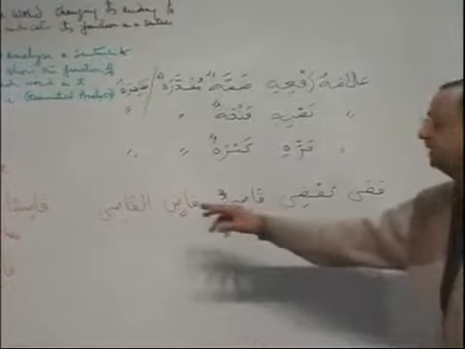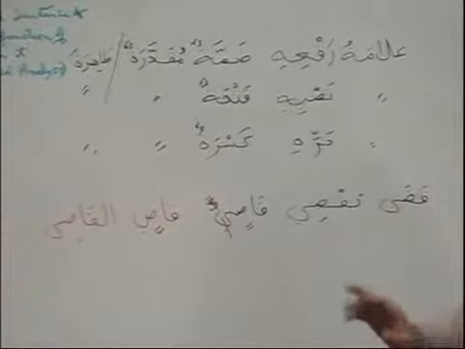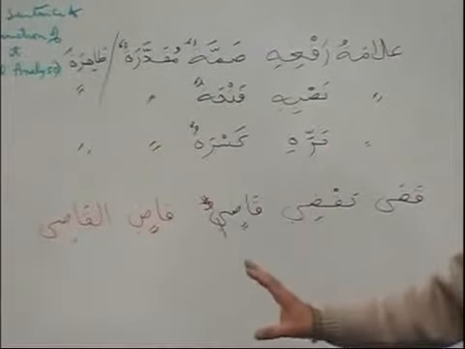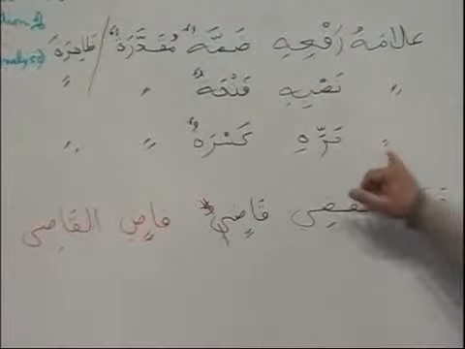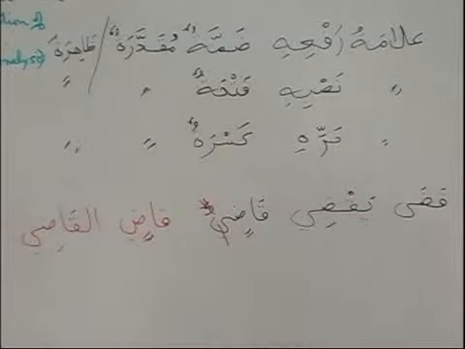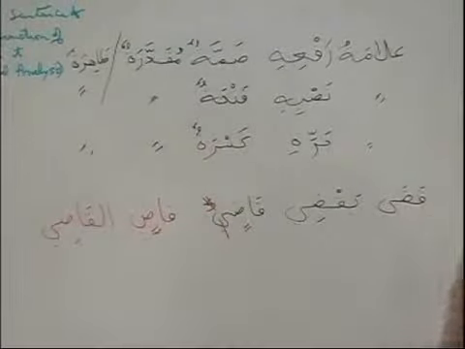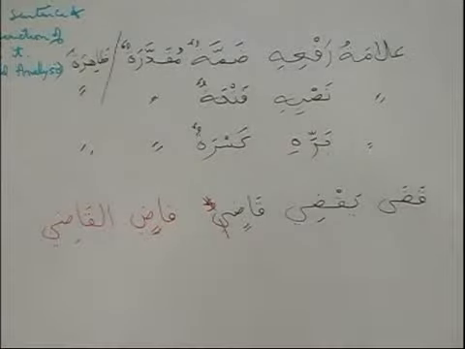And then if it is majroor, it will still remain in the same form. And then you will say alamatu jarrihi kasratun muqaddara. Okay. Now, when it is mansub, then it will be alamatu nasbihi fatahtu zahira.